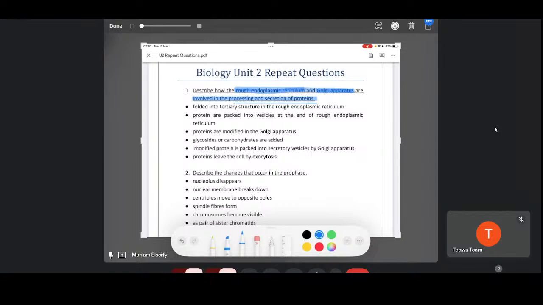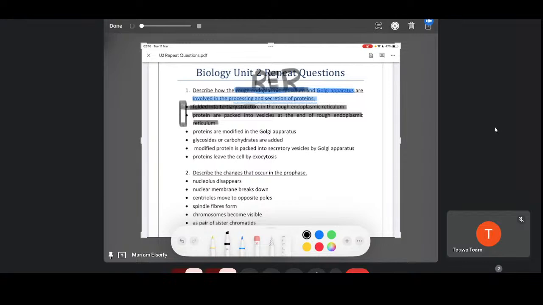Okay, so let's know how it is involved. First of all, let's color the rough endoplasmic reticulum, which has another name, RER.